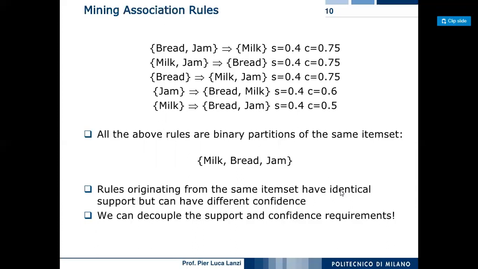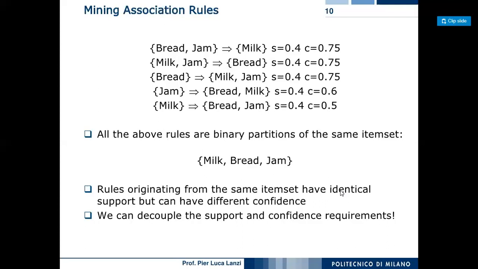For example, suppose we are taking three items: bread, jam, and milk. With just three items, there can be the following combinations of association: bread, jam with milk; milk, jam with bread; bread with milk, jam; jam with bread, milk; and milk with bread, jam.